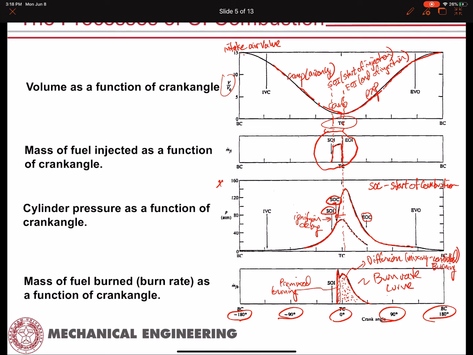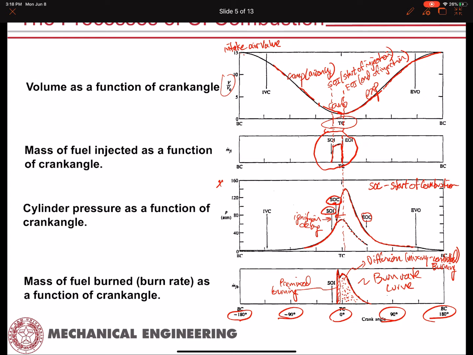So you can already tell by the names of these two types of burning that the premix burning is that burning which takes place when the fuel and air is premixed. And then the diffusion burning, or the mixing controlled burning, is that burning that takes place at such a rate as the fuel can mix to a proper ratio with the air.